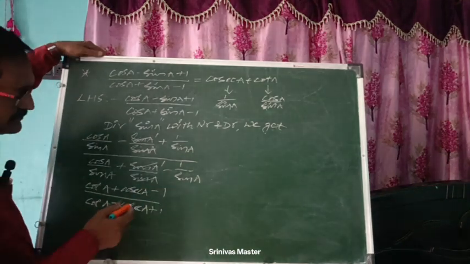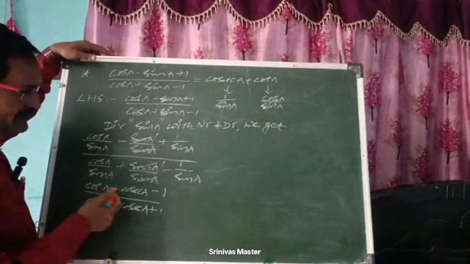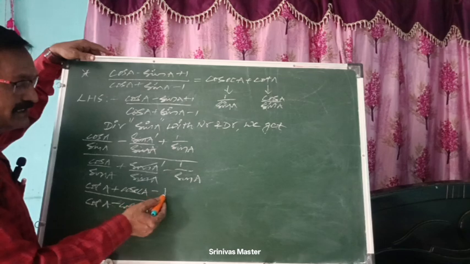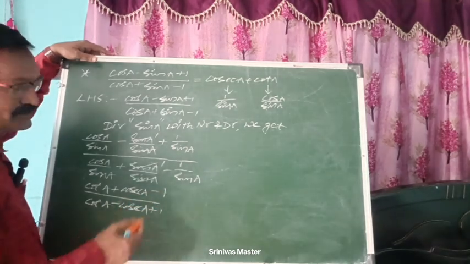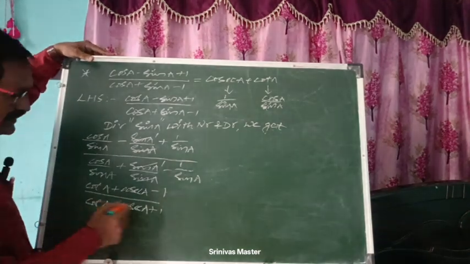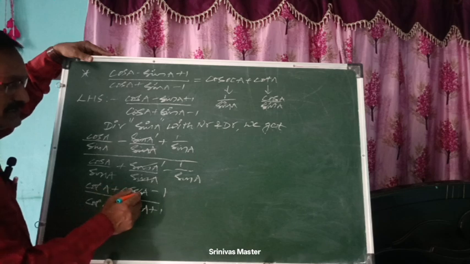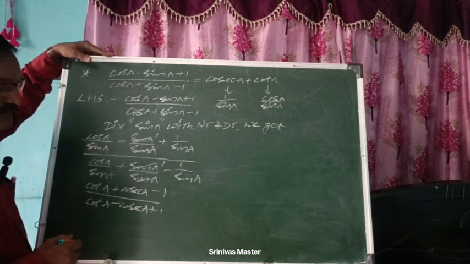Now we need the RHS in terms of cosec and cot. Already it is there in terms of cosec and cot only. But what are the constants here? Minus 1 here, plus 1 there. So we have to eliminate these two terms. Keep the denominator as it is, that should be stable. Only in the numerator, this one, we have to eliminate by using a particular identity.